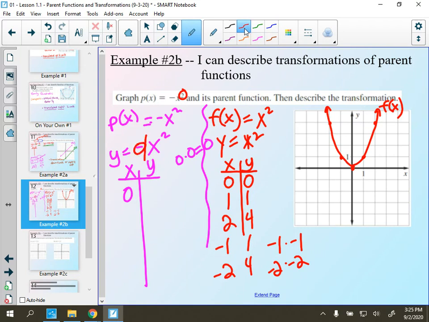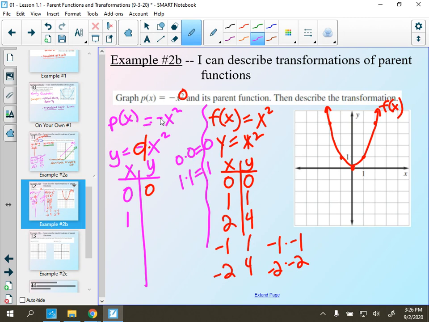This gets applied second. It's really like -1 times x squared. Okay, so 0 times 0 is 0. I make that negative. Well, you can't have a negative, so that's just 0, 0. But here's where this shows up kind of weird now. If I plug in a 1 for x, 1 times 1 is 1. So I'm doing the squared portion first, ignoring this minus and saying 1 times 1 is 1.